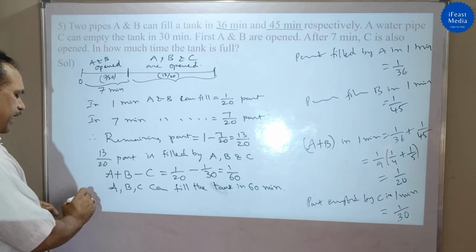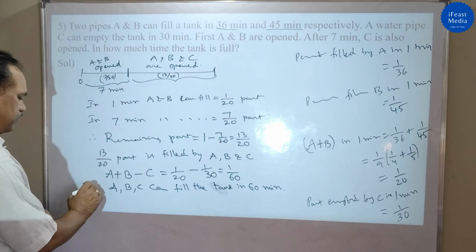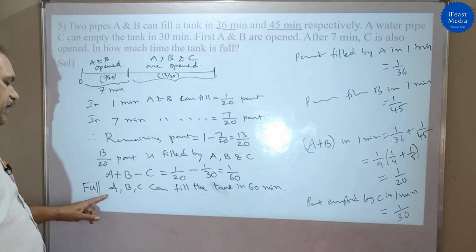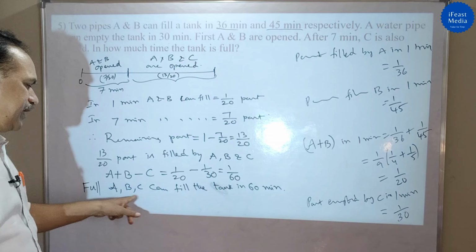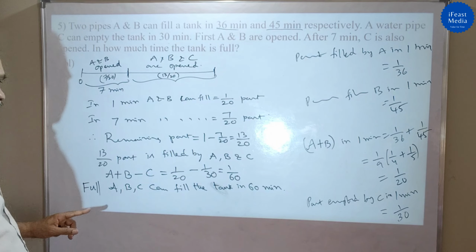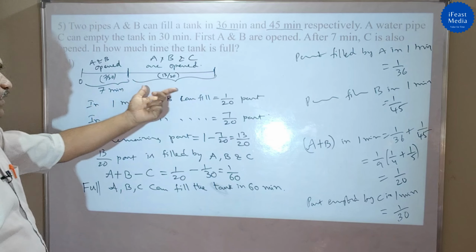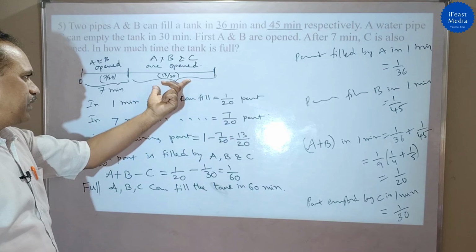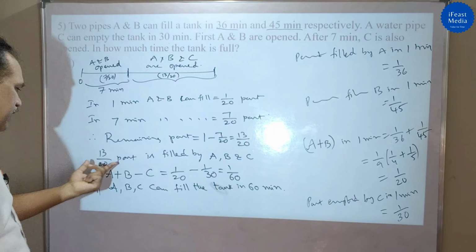That means the full tank can be filled by A, B, C in 60 minutes. Now, we don't want the entire tank, we want only 13 by 20 part of the tank.